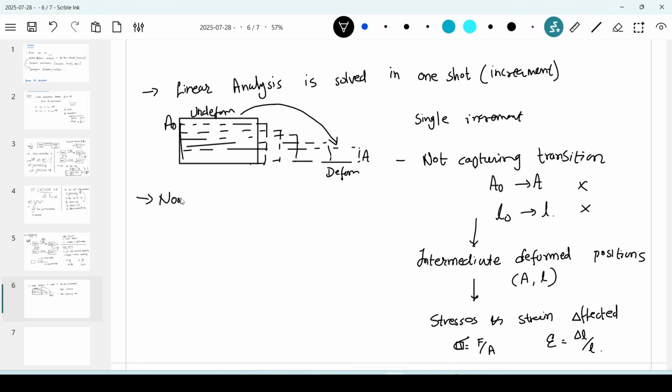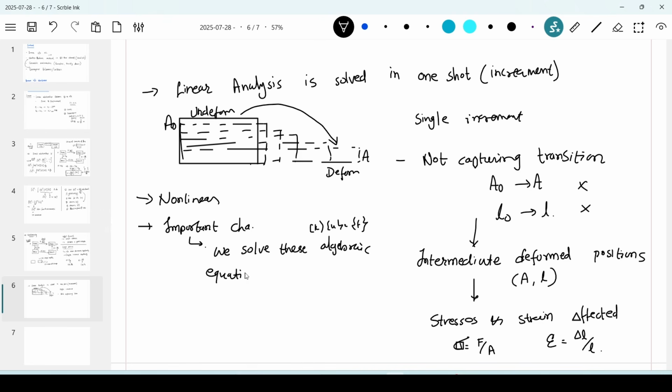One of the important characteristics is that we solve these algebraic equations, meaning K u is equal to F, with respect to the deformed configuration or deformed geometry. That is one of the important characteristics of non-linear analysis.